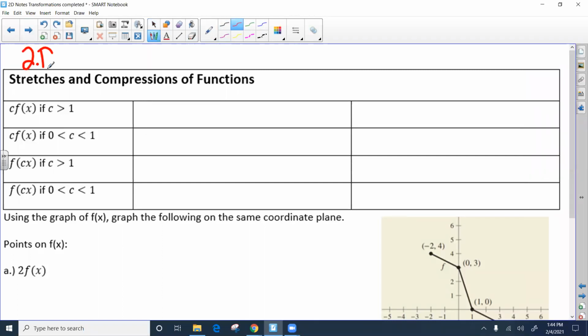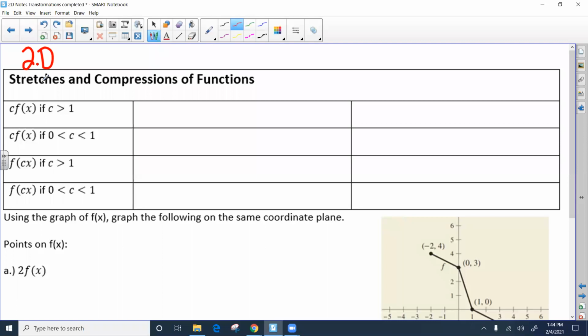So find this part. Stretches and compressions are like dilations that you might have seen in geometry, but we're only affecting one of the values, either the X value or the Y value, not both necessarily at the same time.